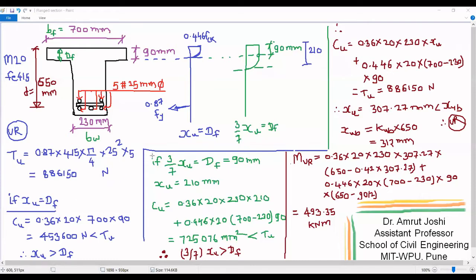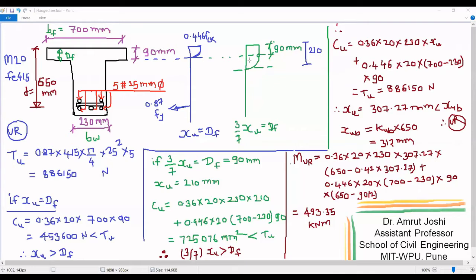The next assumption that we do is 3 by 7 xu is equal to Df. So what is so specific about 3 by 7 xu? Up to 3 by 7 xu from the extreme compression fiber, we know the value of stress in concrete is going to remain constant, and that is going to be equal to 0.446 FCK.